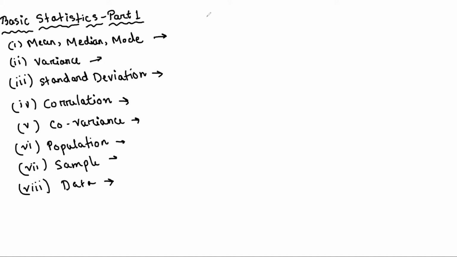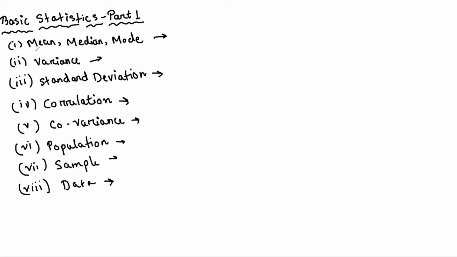Let's first of all try to understand mean, median, mode. I guess this is something that we have already studied in our plus 10 or plus 12, but let me refresh our understanding from our school days.